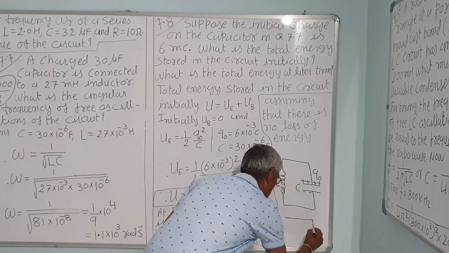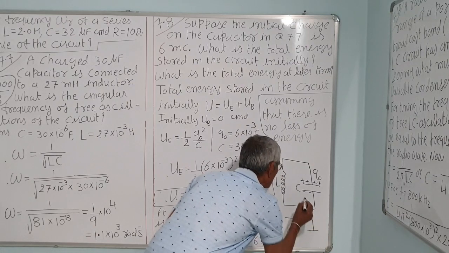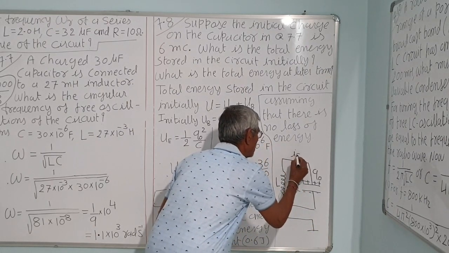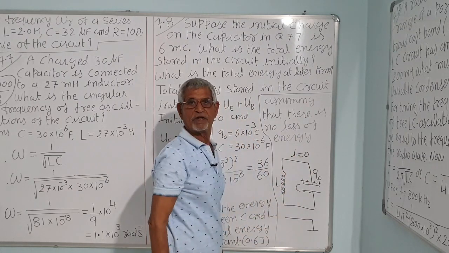The capacitor starts discharging. Here no current is flowing, I, the current in the circuit, is 0, as we have already discussed.